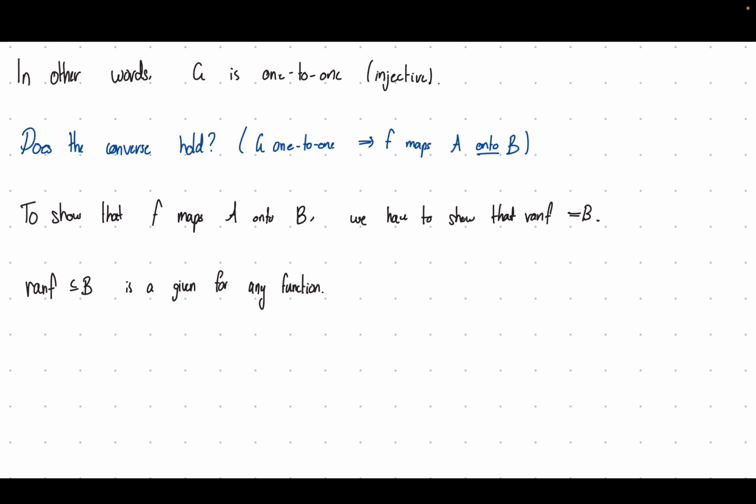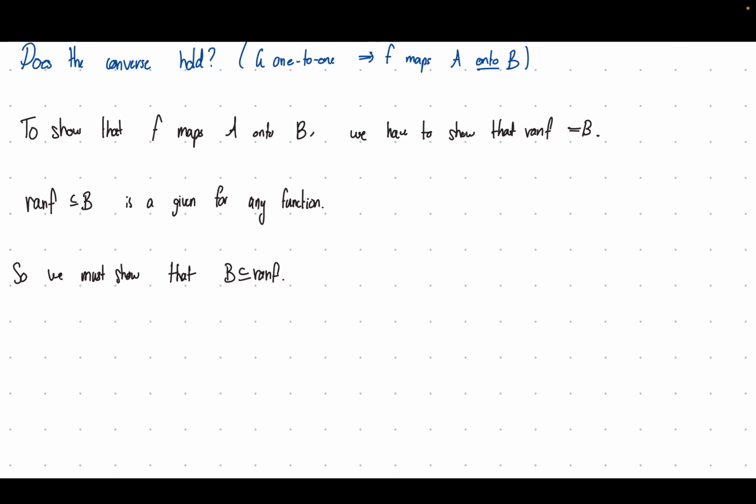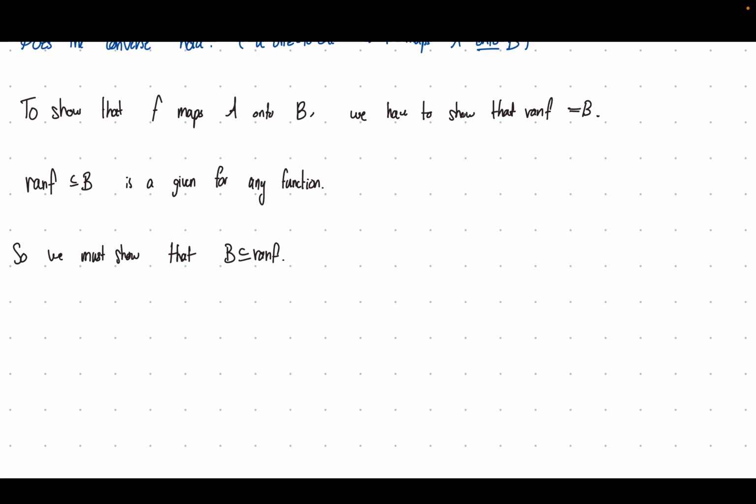So we must show that B is a subset of the range of f. So if you pick out any element from B, it must be in the range of f. So let's suppose b, we call it b star, is in B.